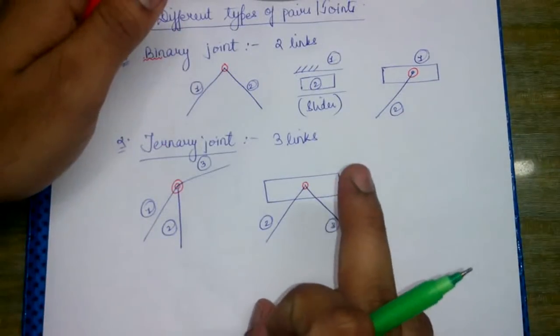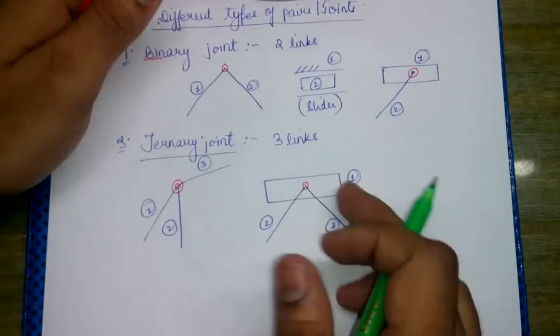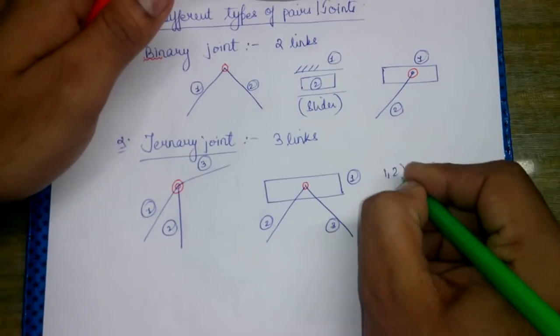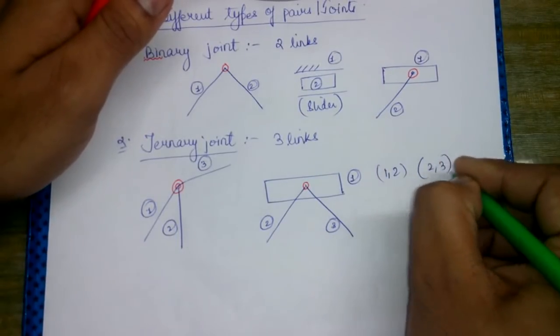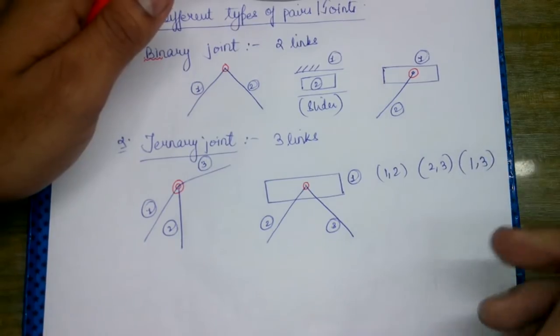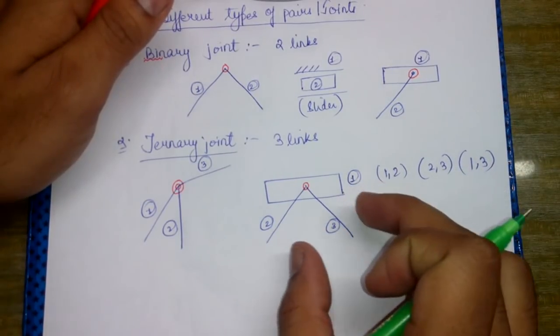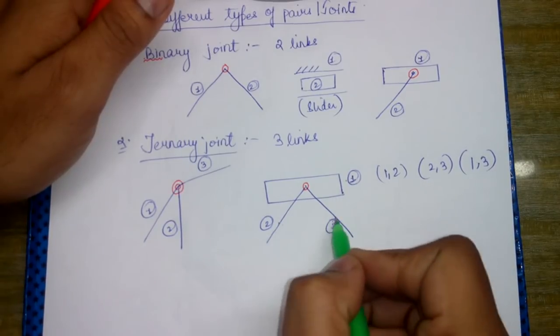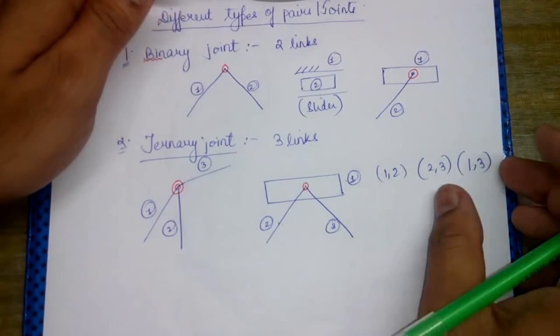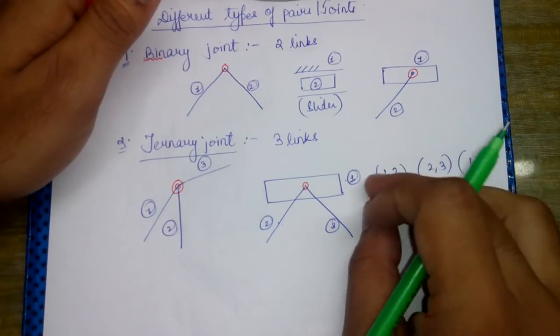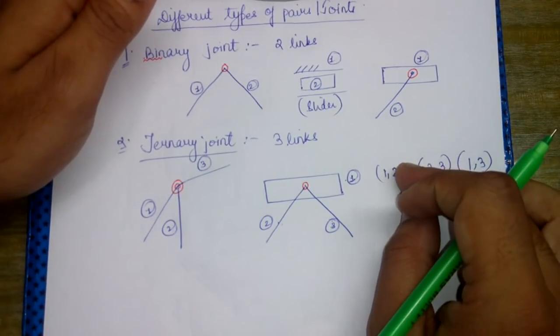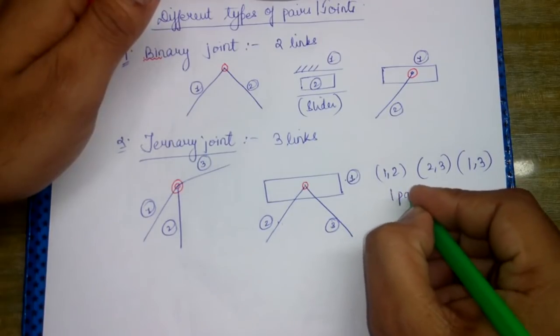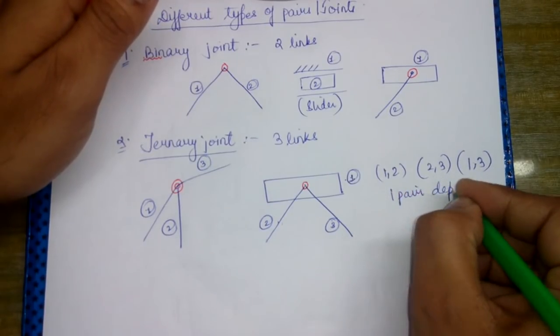Now if we look at this particular example, 1-2, 2-3 and 1-3 are different binary joints. There is a joint between 1 and 2, 1 and 3, and 2 and 3 also. These are individually binary joints, and out of these three combinations, 2 are independent and 1 pair is dependent.